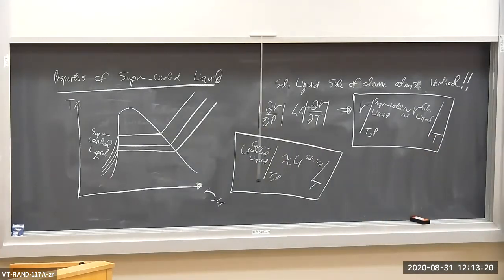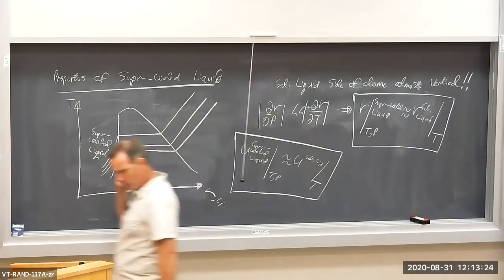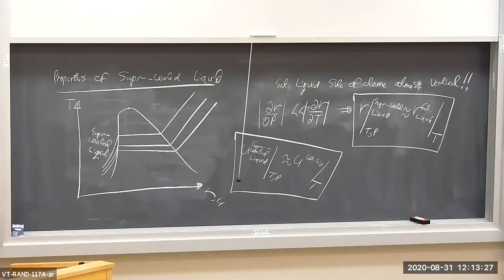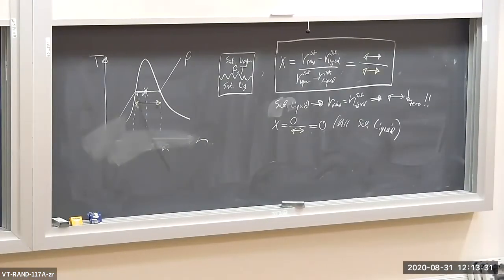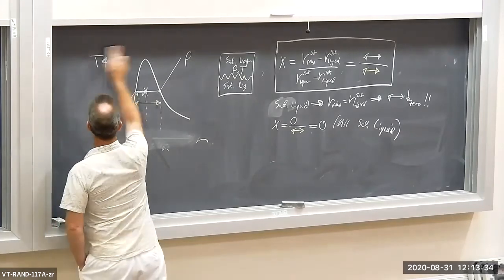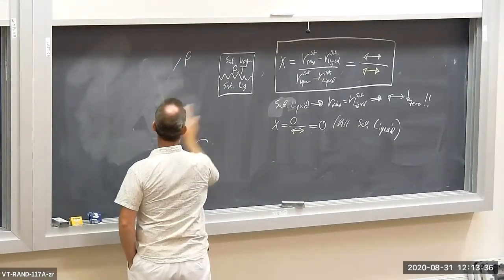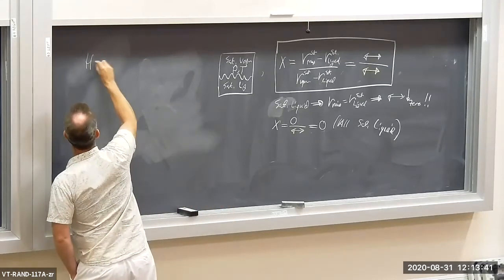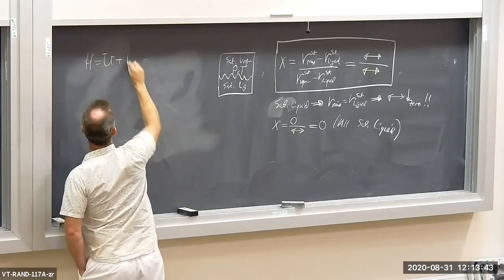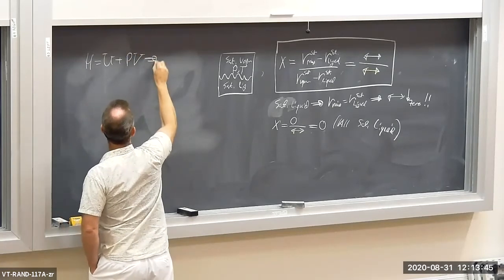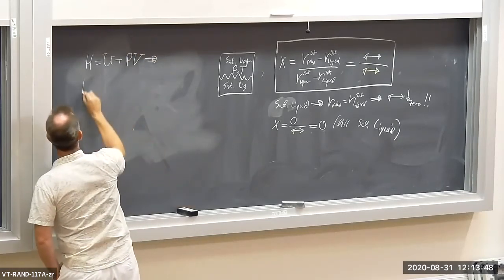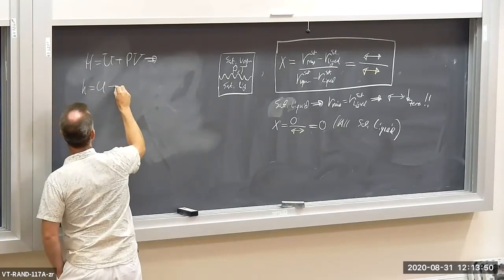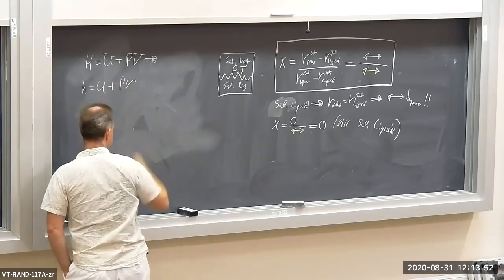Now, one last thing before we move on, we can't quite say the same thing for enthalpy. Remember we introduced enthalpy last time? Enthalpy is U plus PV. So H is internal energy plus pressure times volume, or if you like, specific enthalpy is specific internal energy plus pressure times specific volume.